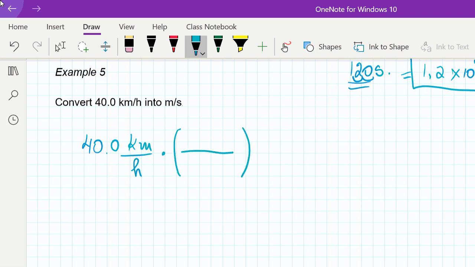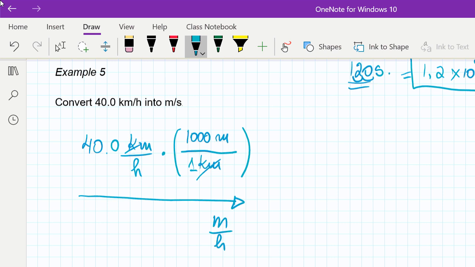First, let's convert kilometers. The ratio that we have to multiply by is 1,000 meters over 1 kilometer. Why? Because kilometers and kilometers will cancel out. And up to that point, the units that are left are meters per hour.